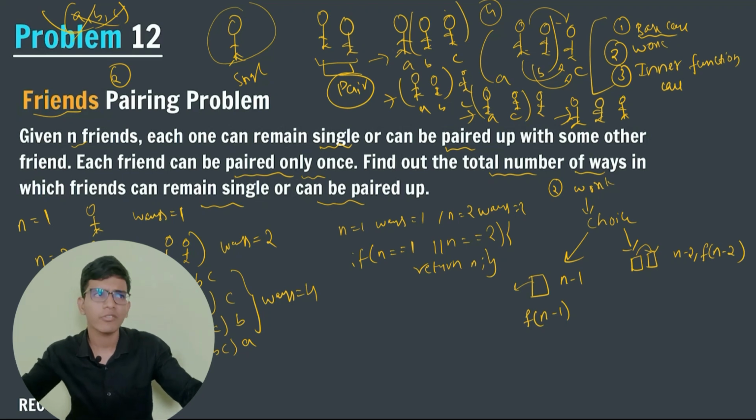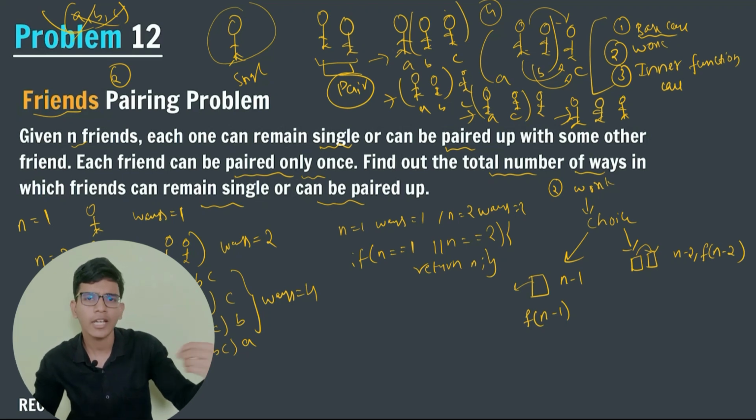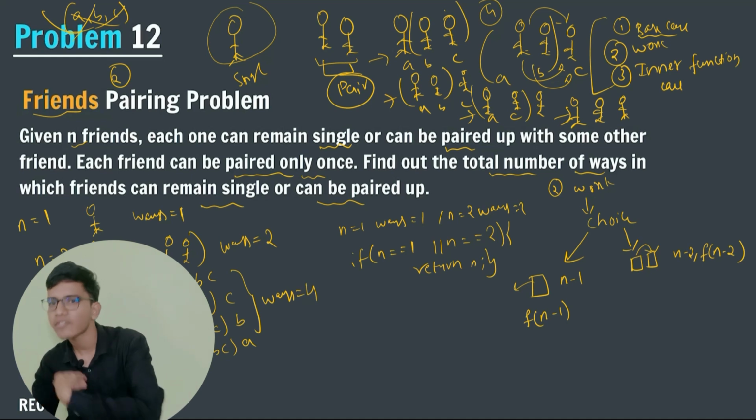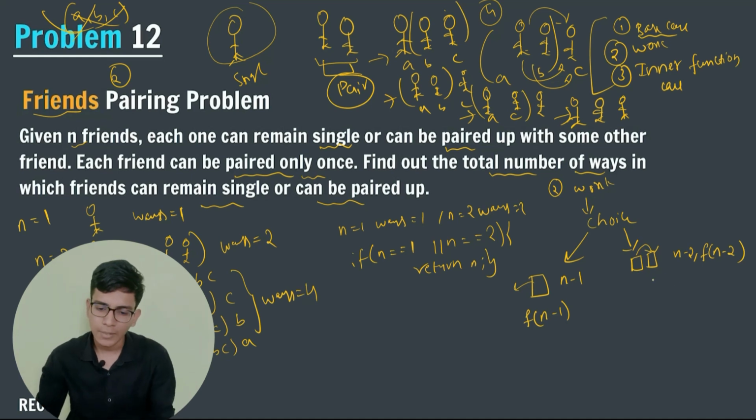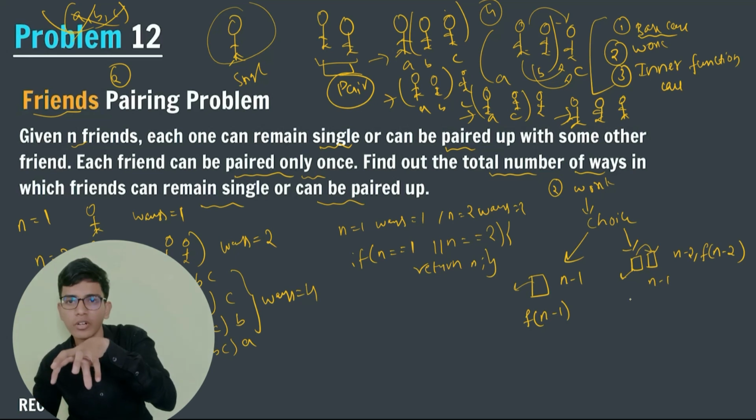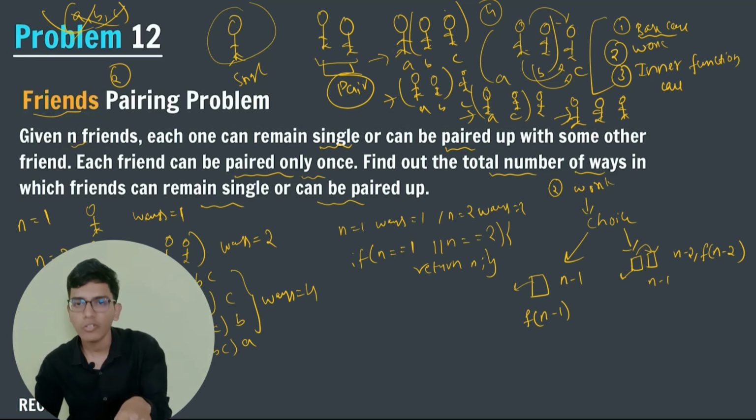There are 9 possibilities, I can pair with 9 different people. So here the number of ways can be n minus 1. So if I remove one person, he can make n minus 1 number of pairs, right? It can be possible.